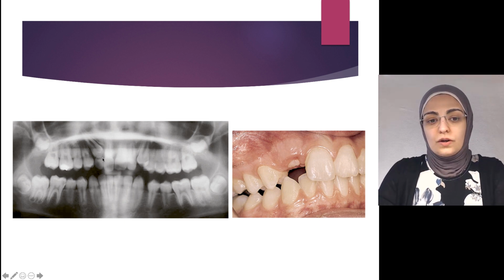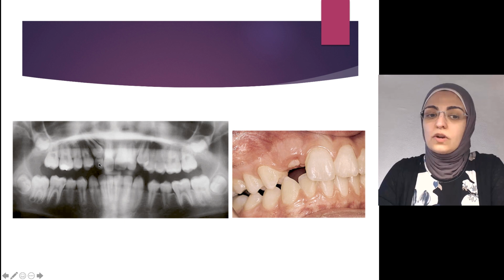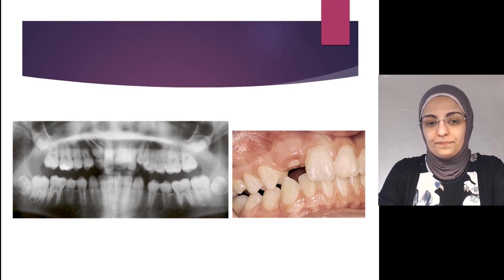Another issue, if it becomes very aggressive, is that it can lead to resorption of the root of the lateral. Look at this here. This is the canine and this is the lateral. It resorbed the root fully to the point that we cannot save this lateral. So it is a serious issue. We need to keep an eye on the canines all the time.